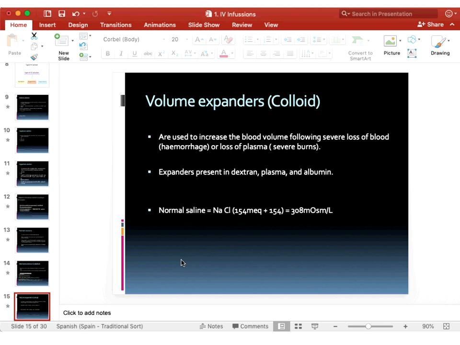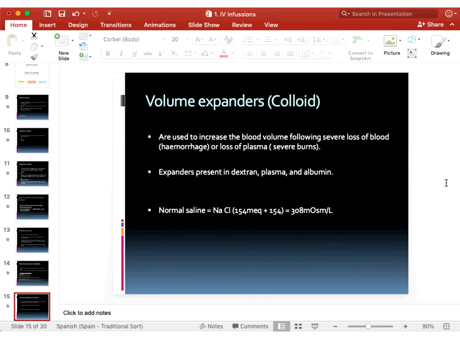You remember? A lot of glucoses put together form the starch. I'm going to write it here. So they were very, very big molecules in the intravascular space. Therefore, they pull in a great deal of water.